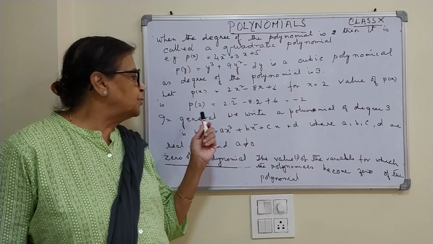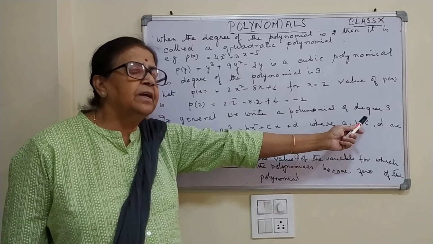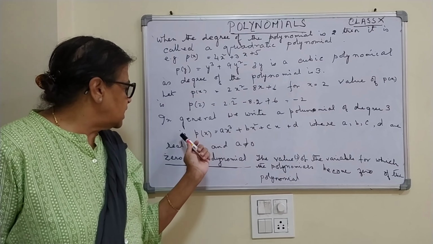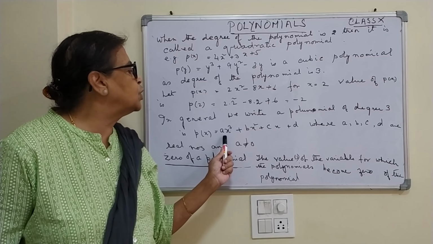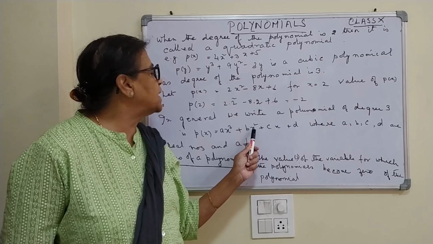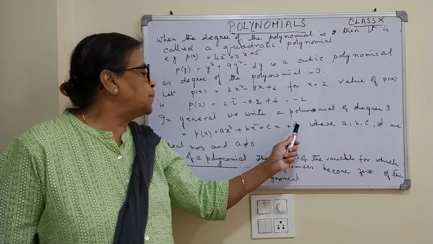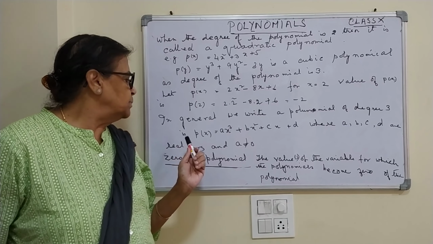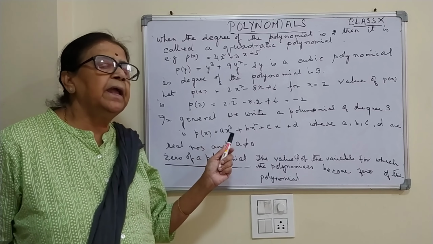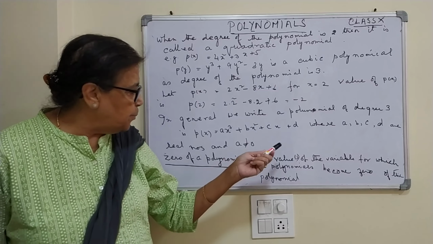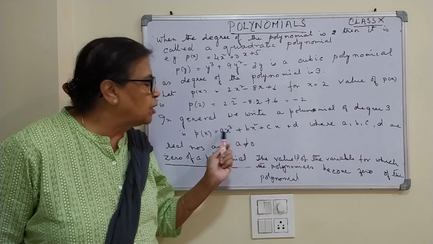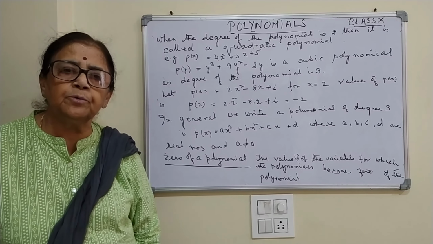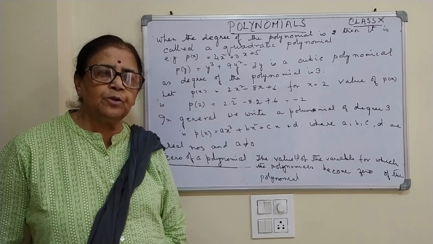In general, we write a polynomial of degree 3, that p of x is equal to ax cube plus bx square plus cx plus d, where a, b, c, d are real numbers and a not equal to 0. This is the point here. Why is a not equal to 0?